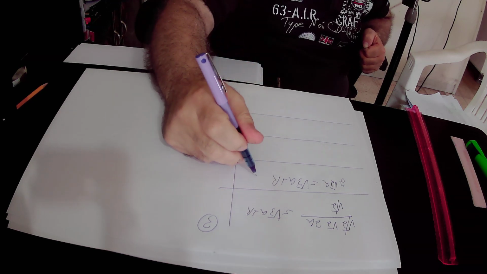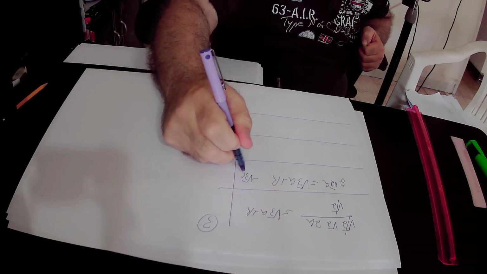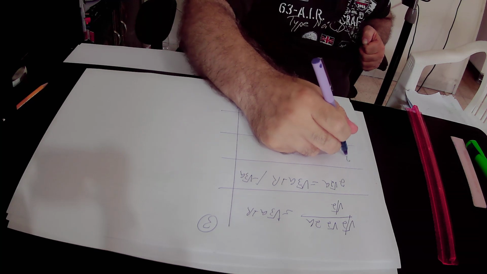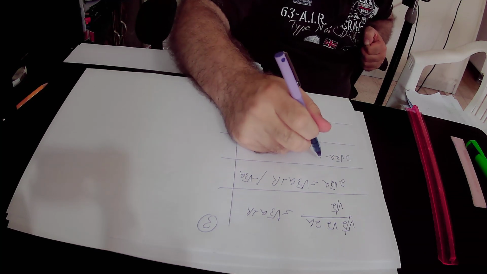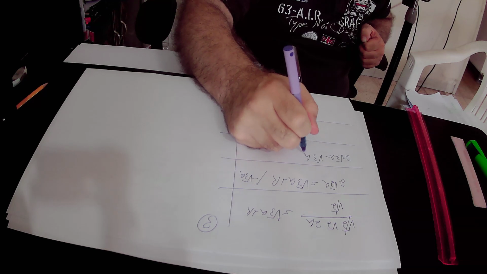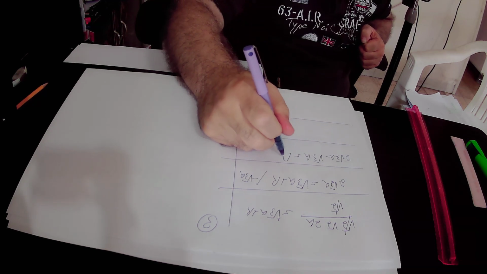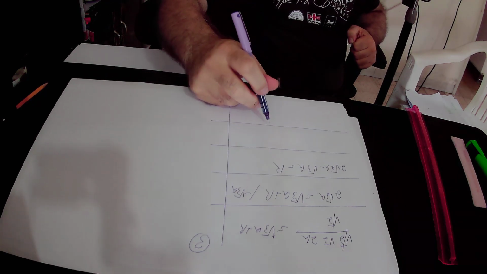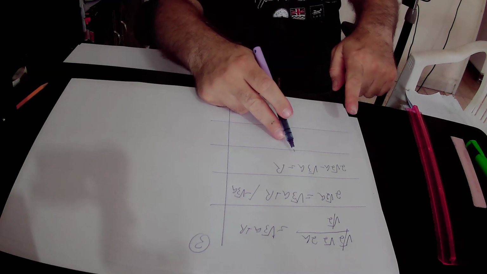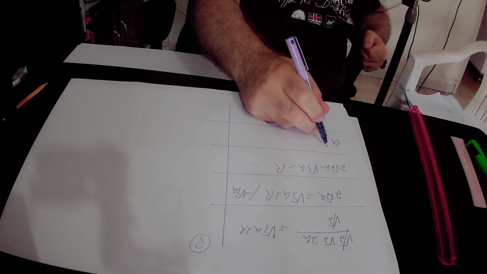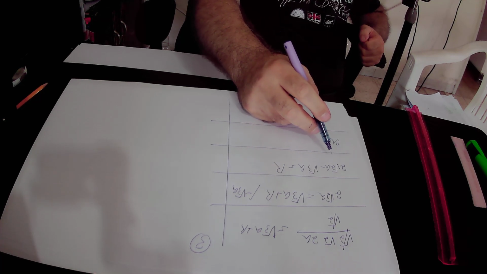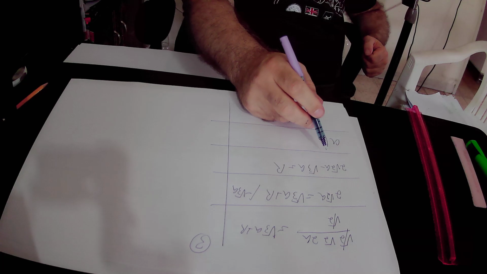Here we subtract the square root of 3 times a from this equation, and we get that 2 times square root of 2 times a minus square root of 3 times a equals r. So here we take a as a common factor out of those two expressions. What is left from 2 times square root of 2 times a after we took a as a common factor?